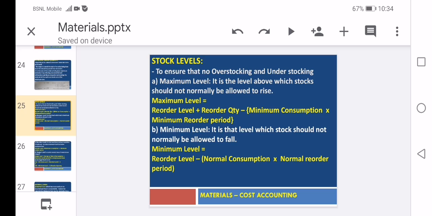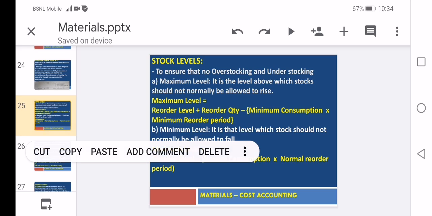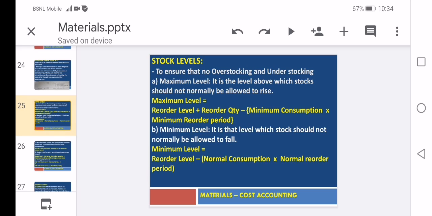So when this level is reached, it's alarming. It is computed as minimum stock level is equal to reorder level minus normal consumption into normal reorder period. Very simple formula to compute minimum stock level.